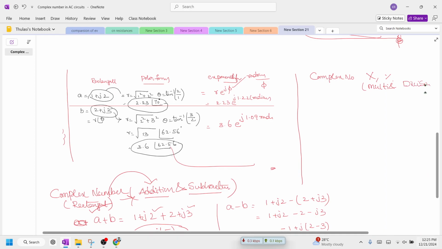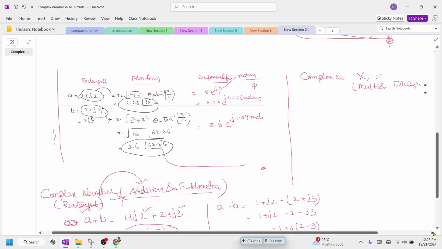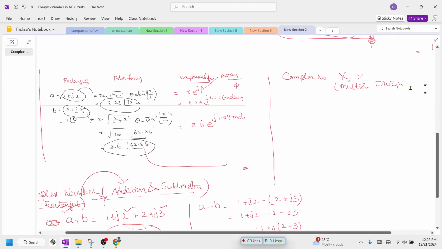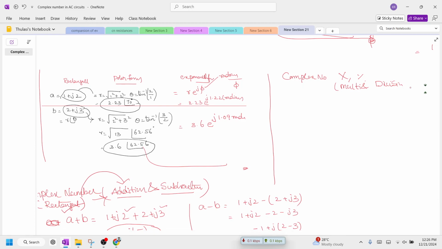Let's check it out here. So here I am defining, I want a variable a into b. So in complex numbers, if you want to perform multiplication, this should be only in polar form, not in a plus jb form.